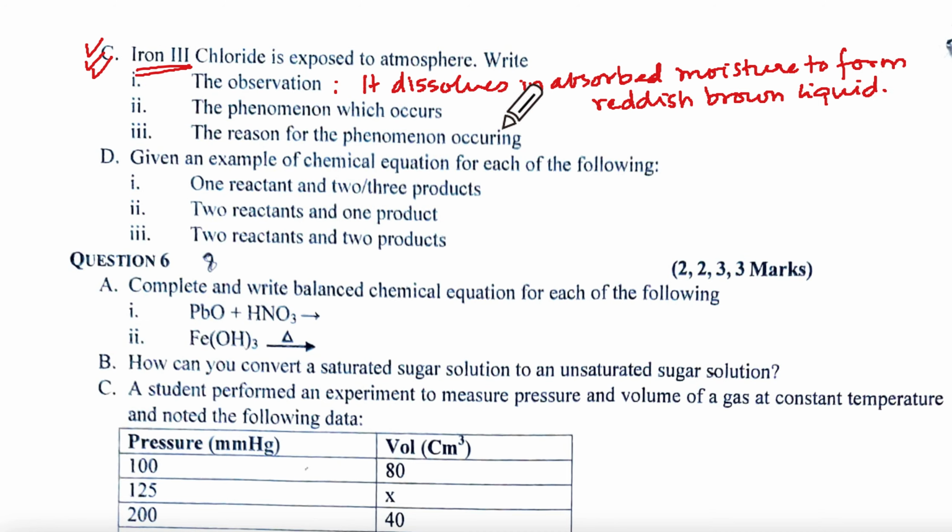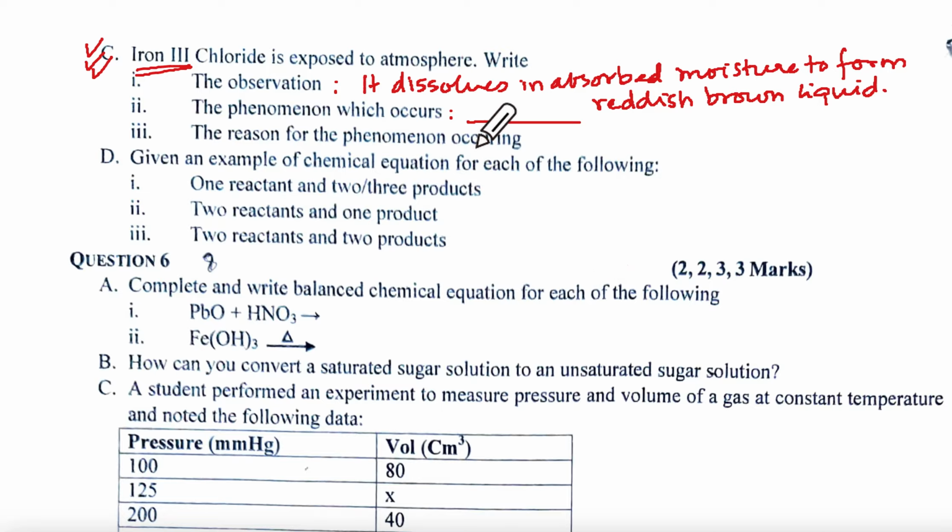What is the phenomenon? Deliquescence. Understood? The reason for the phenomenon occurring? What is the reason for deliquescence? It absorbed moisture from the atmosphere and dissolved in it. You're with me?